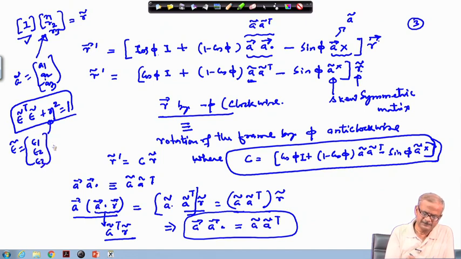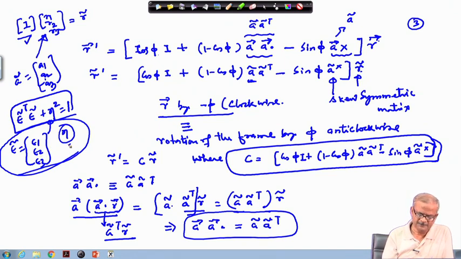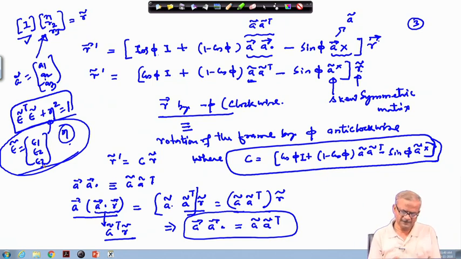These are the 3 variables involved, and eta is one parameter. So, this is a 4 parameter system, but actually only 3 independent coordinates, because the dependence is shown by this equation. Eta can be expressed in terms of epsilon 1, epsilon 2, epsilon 3, but it has certain advantages which we are going to discuss.